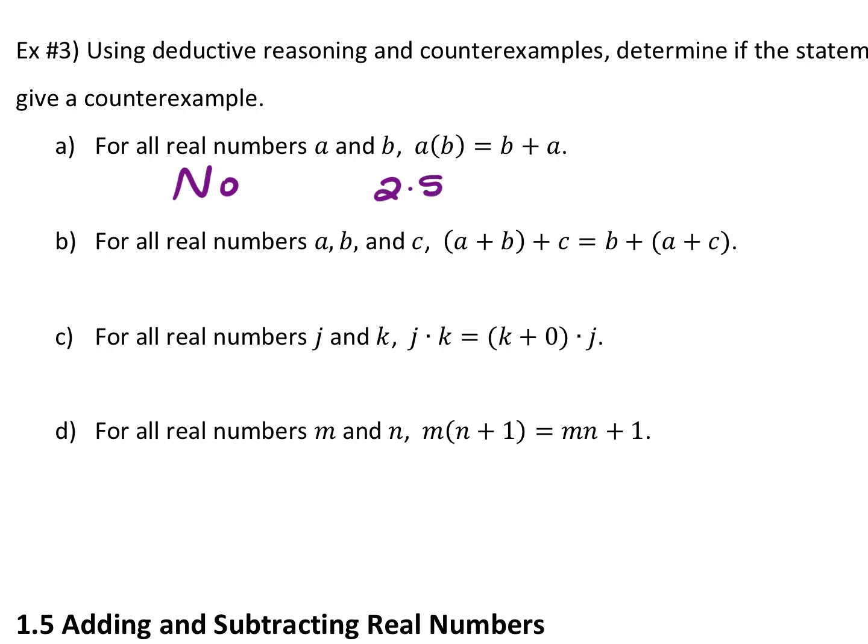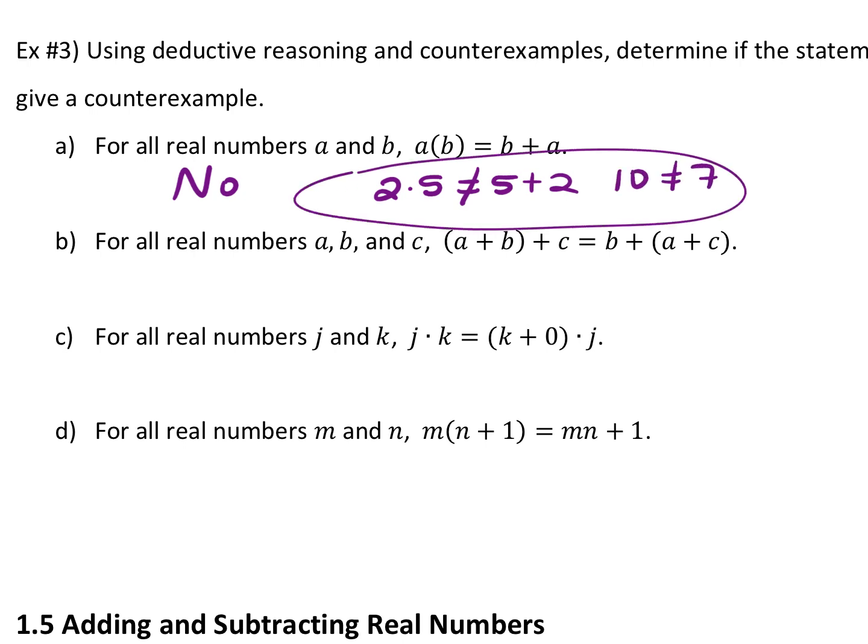So 2 times 5 does not equal 5 plus 2, right? 10 does not equal 7. So this is a counterexample, when you can show me a scenario where it doesn't work. Sorry, I said true or false. It's false.